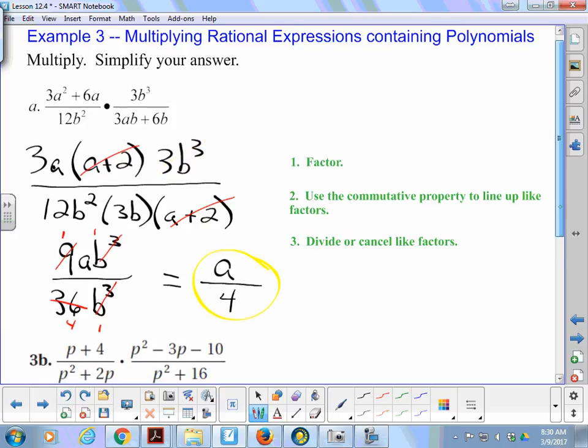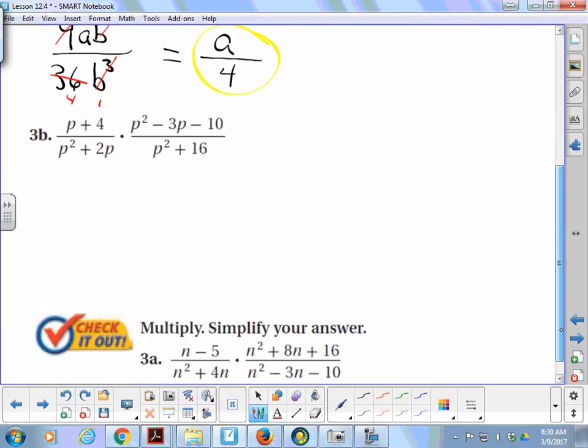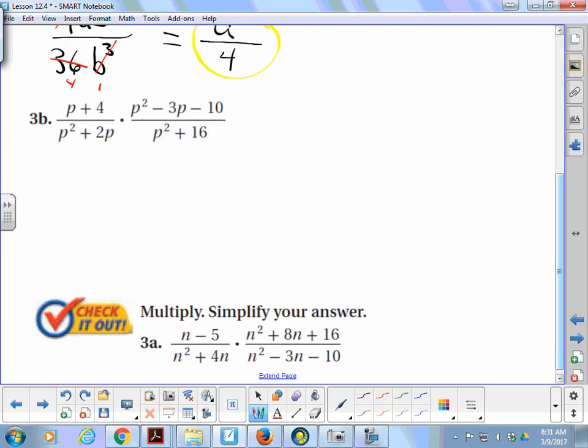Let's look at letter B here then. A little bit longer one, it's going to need some factoring. So a couple things you remember. One is this, before we get into this. P squared minus 16.